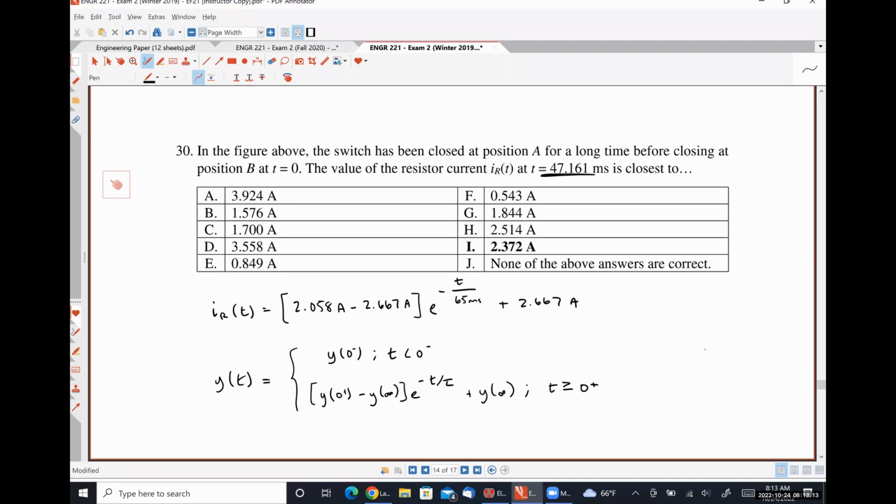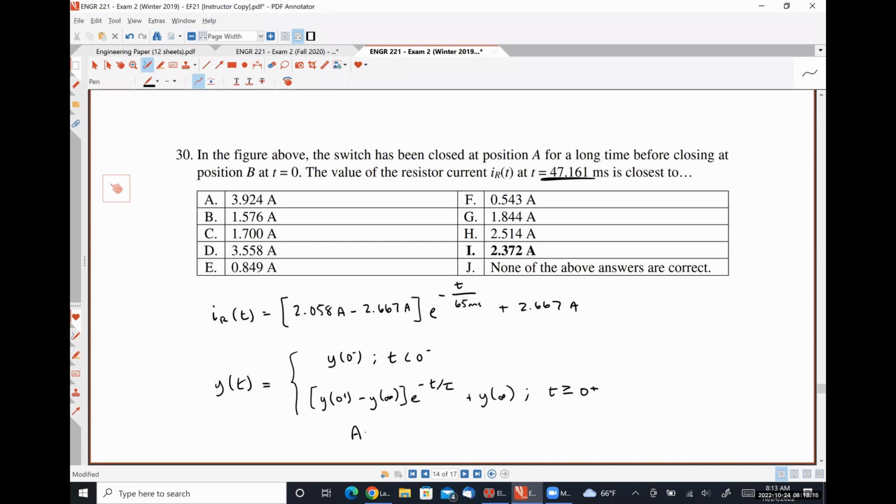Or a e to the minus t over tau plus b, according to the lab thing that we worked the other day. Same equation.